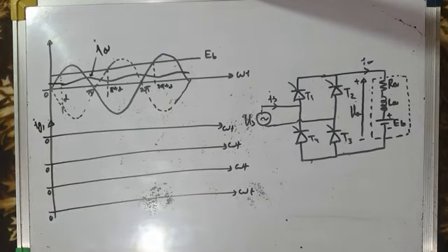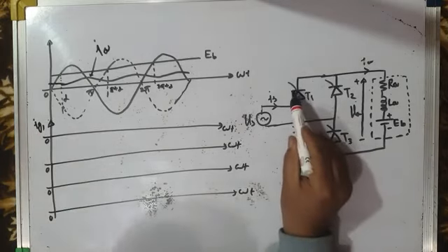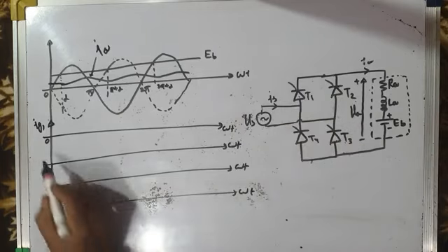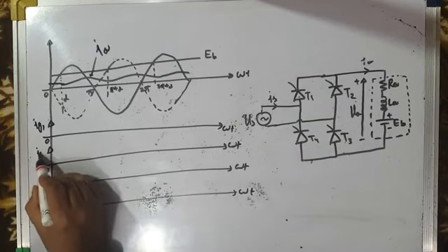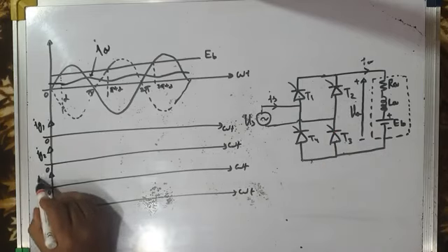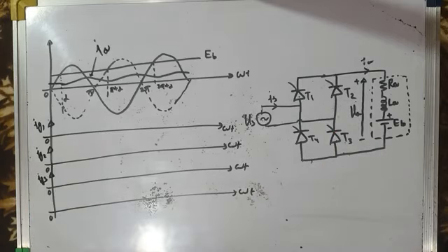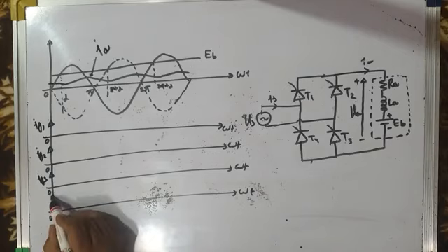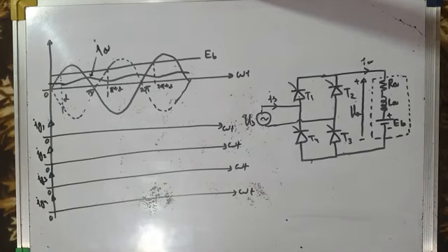This is IG1, that is the firing pulse pattern for thyristor T1. IG2 is the firing pulse for thyristor T2. IG3 is the firing pulse for thyristor T3, and IG4 is the firing pulse for thyristor T4. Okay.